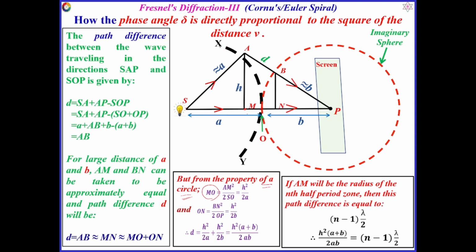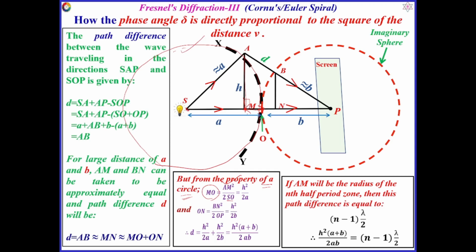This XY is the portion of a circular wavefront, right? If I consider the full circle, according to the property of the circle, we know that the MO distance is nothing but AM square, this is the perpendicular, by 2 into SO. Here SO is the radius of this circle.